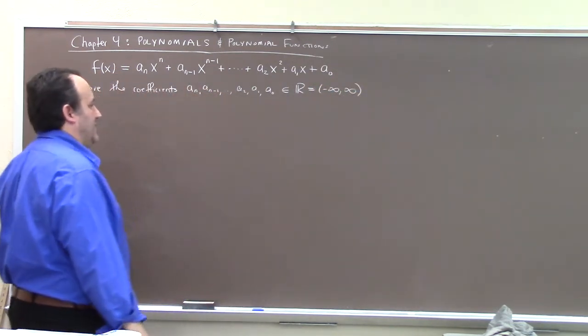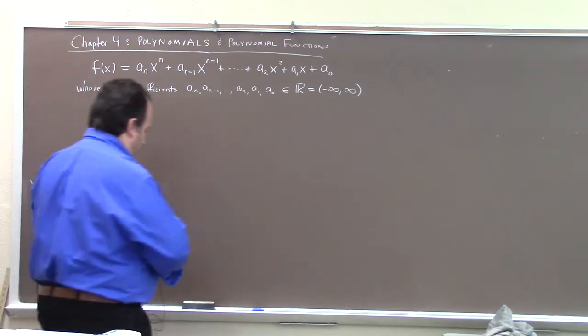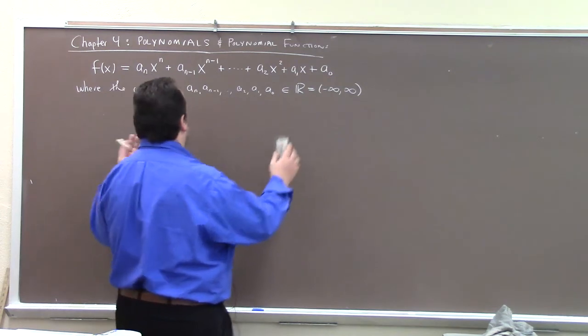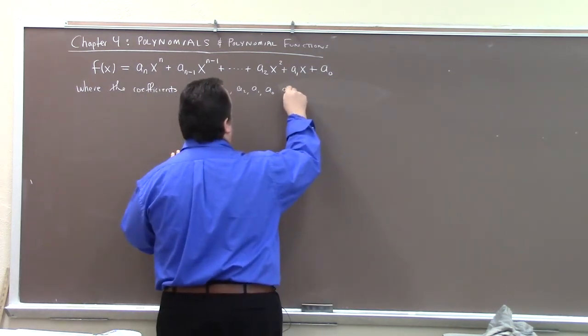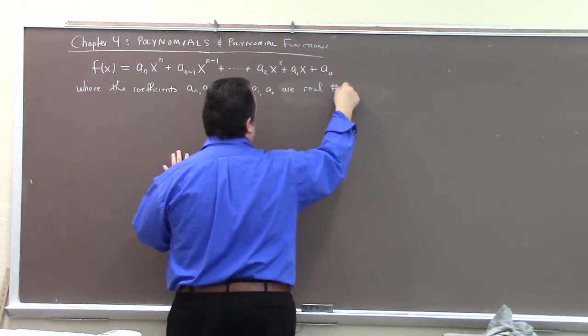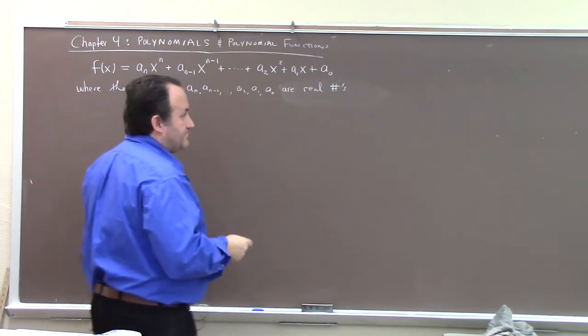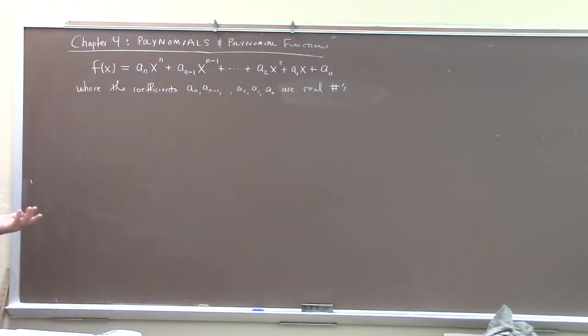So, this fancy math thing I just wrote on the board, I could erase, and instead say they are real numbers. So a polynomial function has a formula like this for some choice of coefficients.